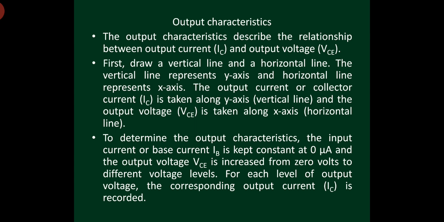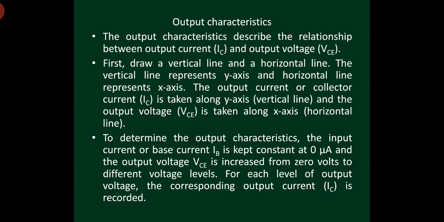I am making it fixed at 0 microamp and the output voltage is increased. How can I vary the output voltage? If I vary VCC, then VCE is varied and IC is also varied.